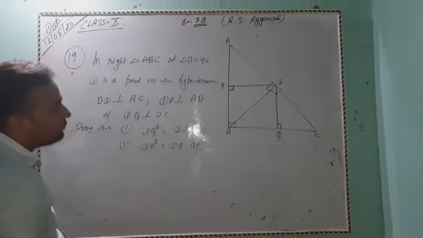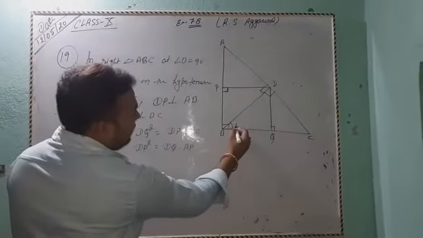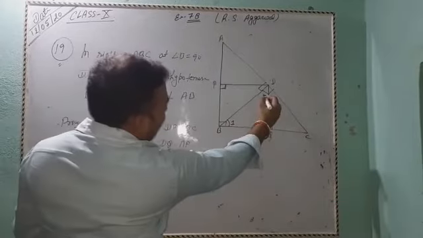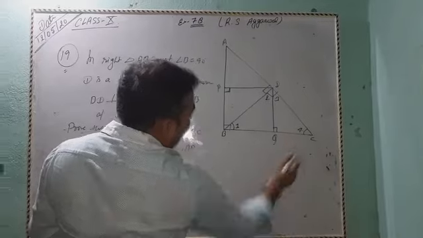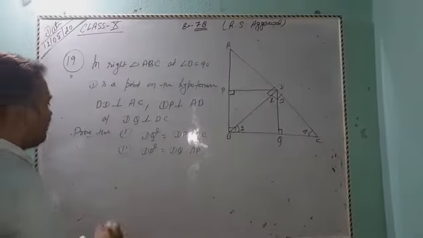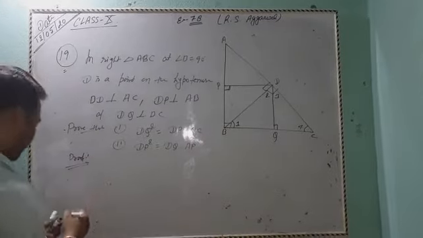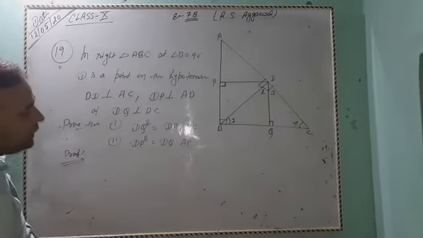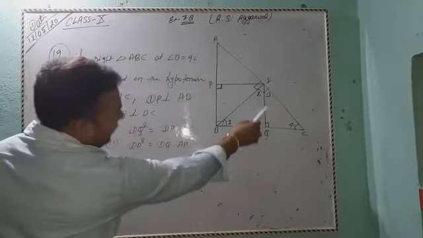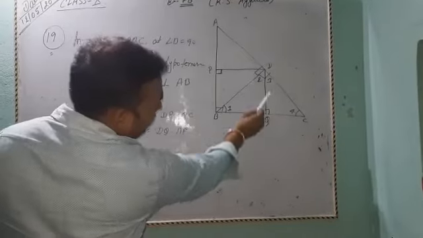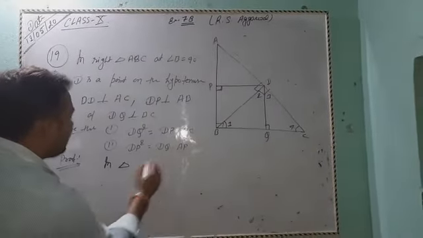So first, naming these angles 1, 2, 3 and 4. Okay, proof. First, in triangle BQD and triangle DQC.